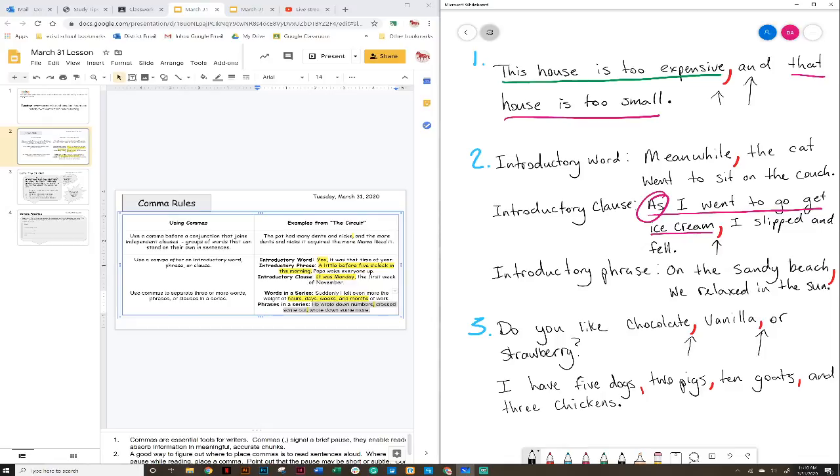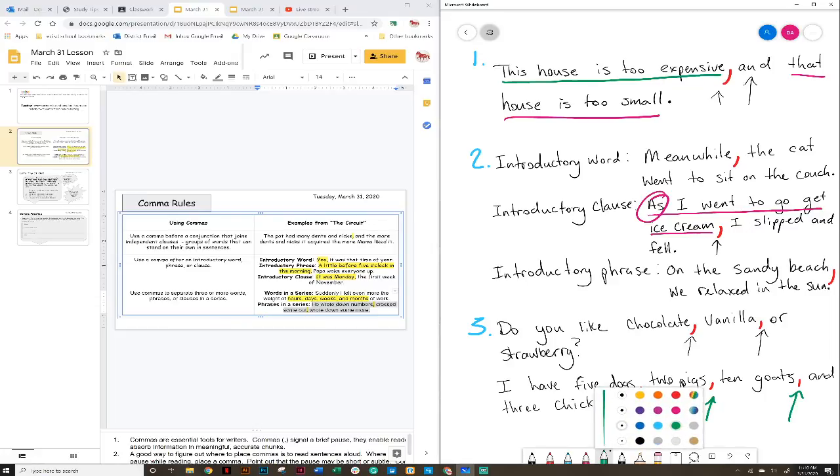You see how after every item here that is being listed, there is a comma, because we have to separate all of these. Because if we do not separate them, then you would read it as one long continuous sentence.